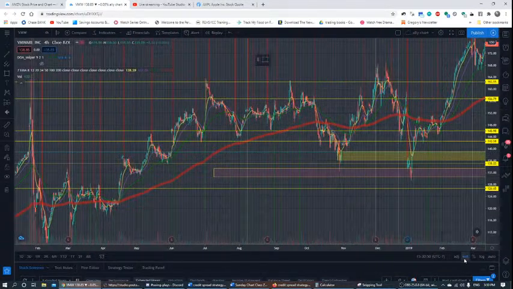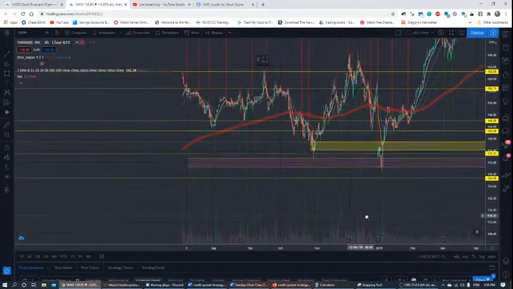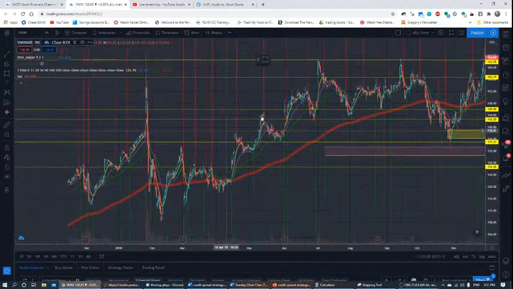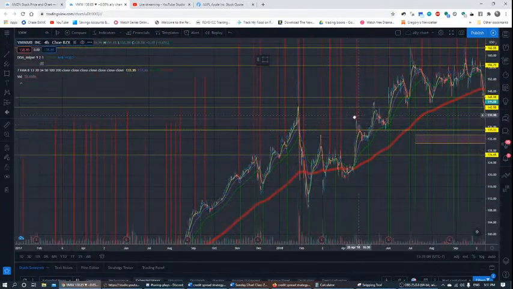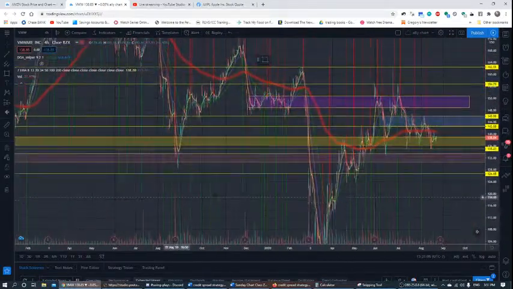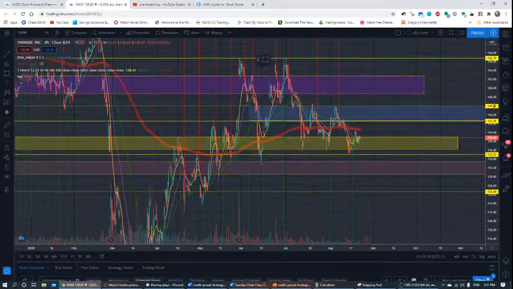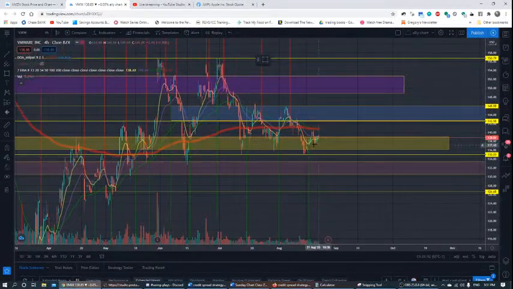So let's just turn off extended hours. Just looking back, like in 2018, this was an area where we had a lot of buyers, and also there's a lot of resistance too before we pushed up. So right now we're in the same area that we are with VMware.